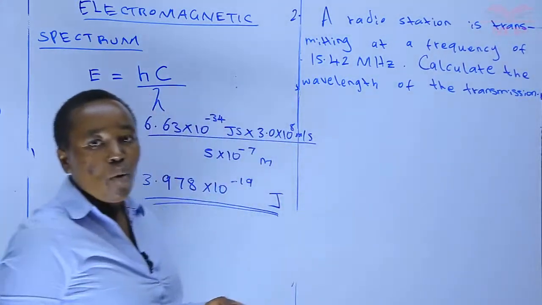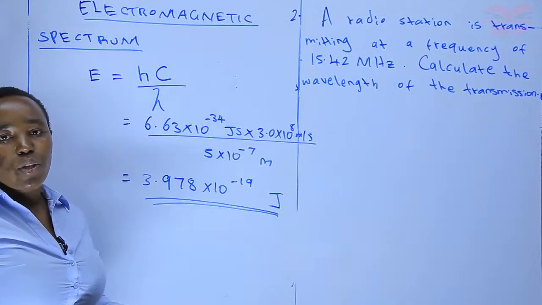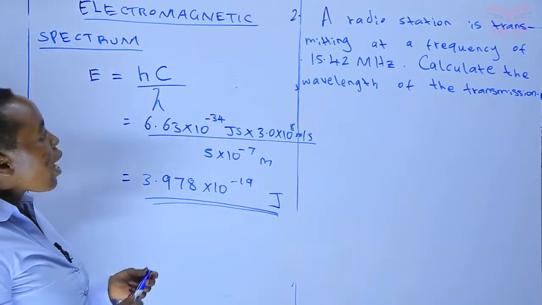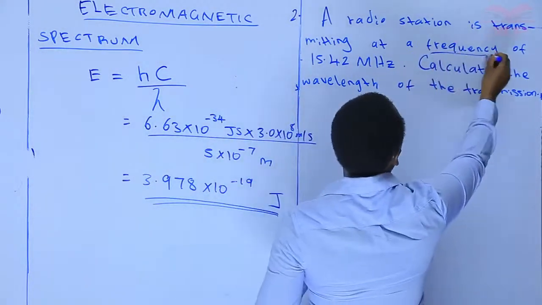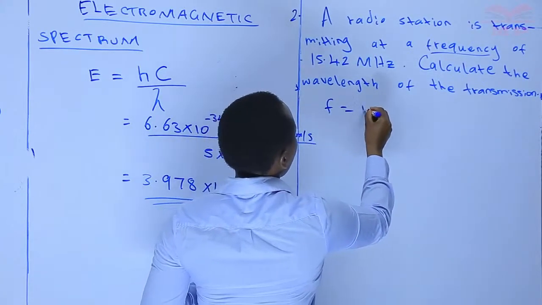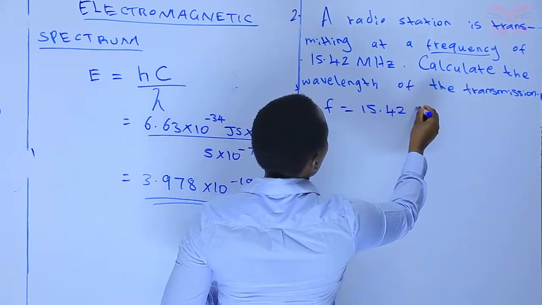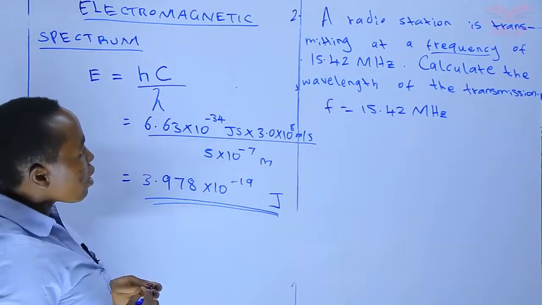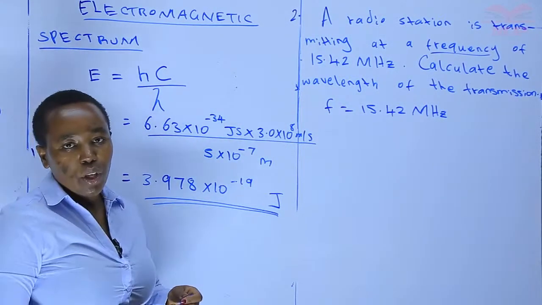So again, we analyze that question. What are we given and what is in question? So we have a frequency. The frequency given as 15.42 megahertz. Then what else are we given in the question?